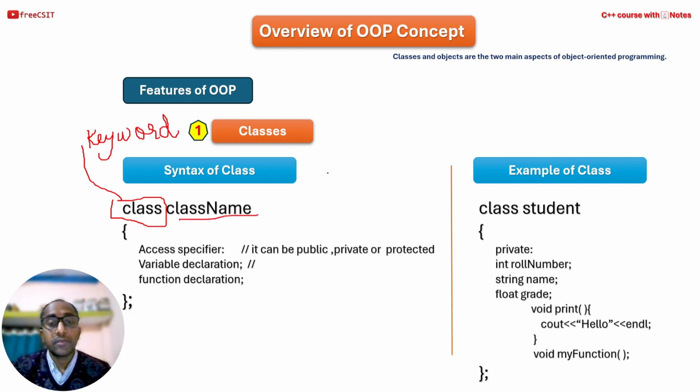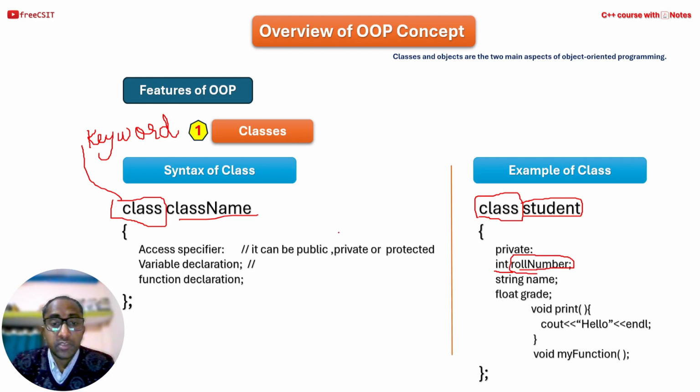So I have written some examples of class. So it is the class. It is the keyword. This is the name of the class, student, and students have some data types, just like data members, just like integers. These are the attributes, you can say here.